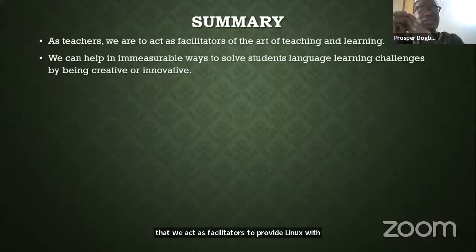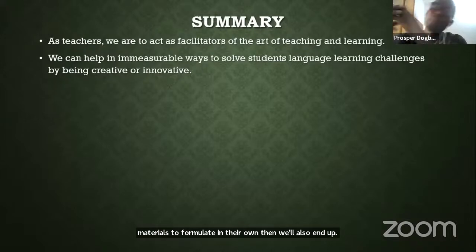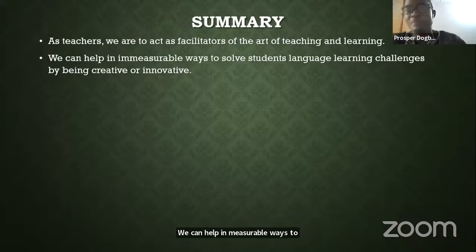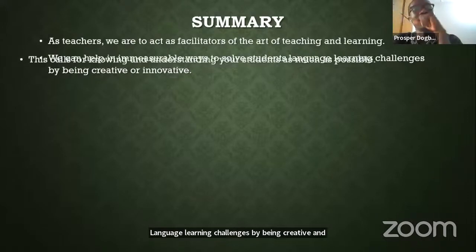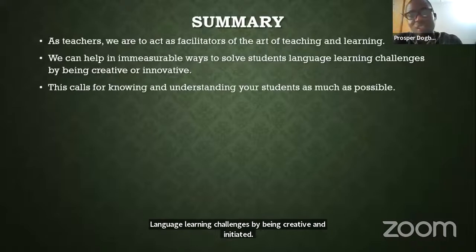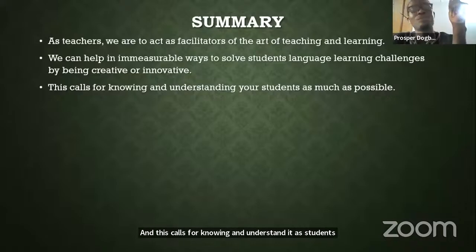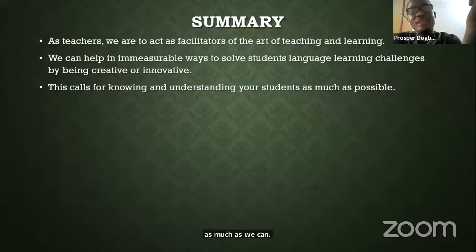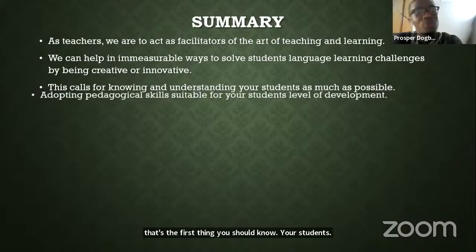Then we've also learned that we can help in immeasurable ways to solve students' language learning challenges by being creative and innovative. And this calls for knowing and understanding our students as much as we can. So that's the first thing. You should know your students, know their understanding level, then it will guide what you teach and how you teach it.